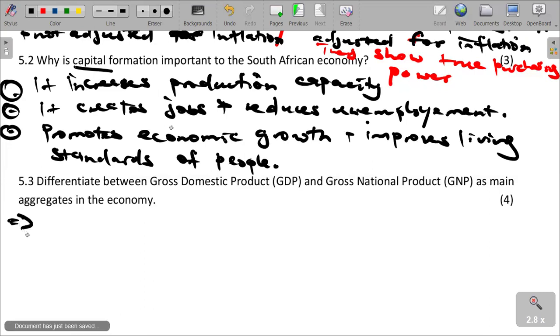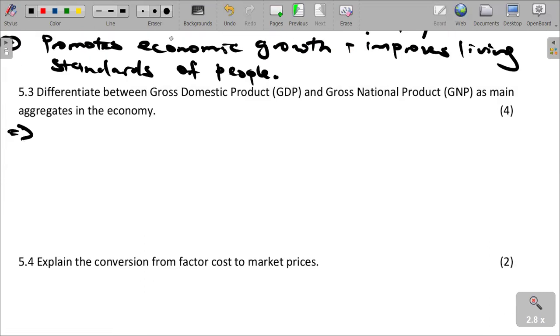This must be understood: gross domestic product, which is GDP, measures total production within a country's borders, and includes foreign companies operating within that country.